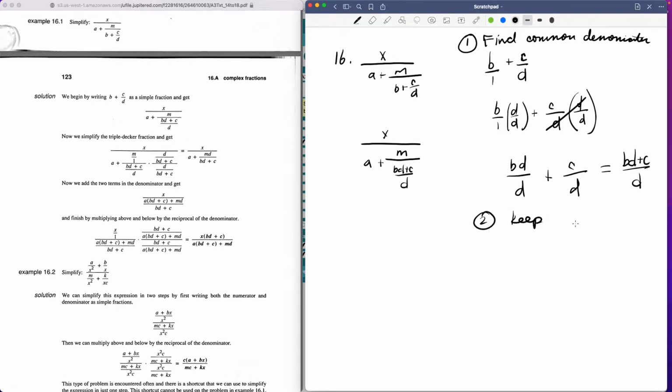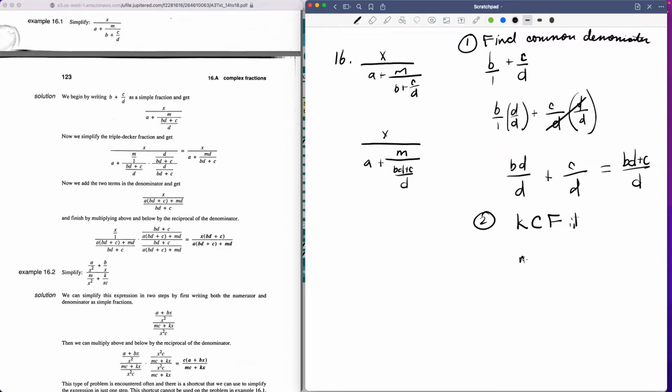Those are the two things you're going to do. And you know to use keep it, change it, flip it when you have a value divided by a fraction, right? So that's what we're going to do here. I'm not going to spell all of this because my handwriting isn't the best in the world. Keep it, change it, flip it. That's what we're going to do.